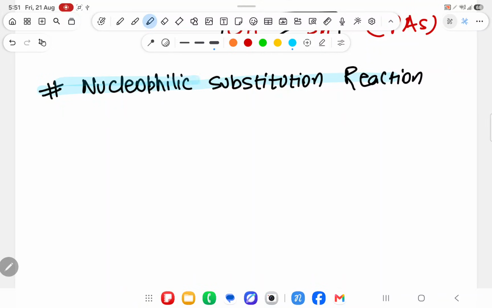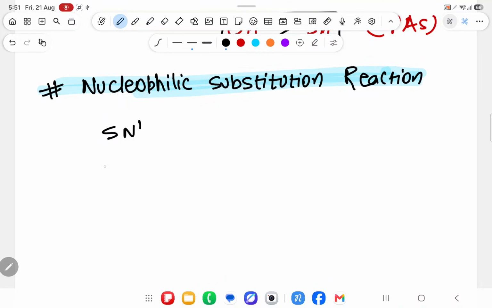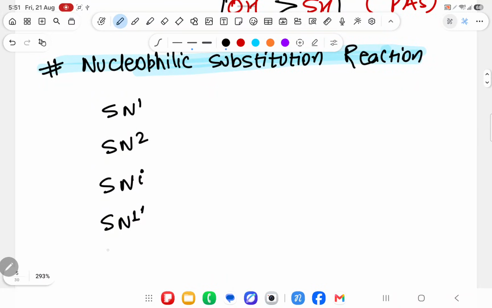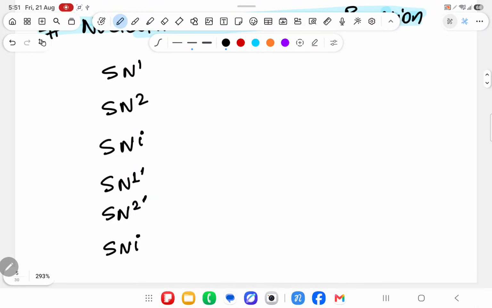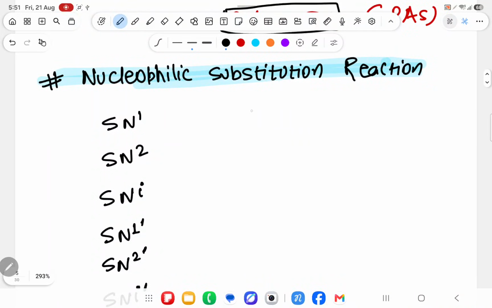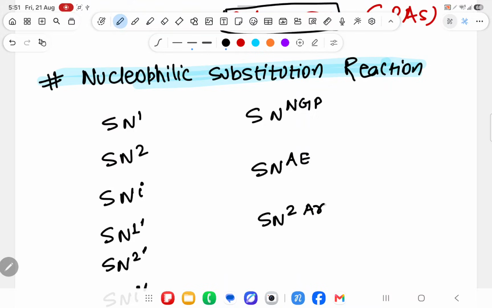Now, in nucleophilic substitution reaction, we have to study lots of things like SN1, SN2, SNi, SN1 prime, SN2 prime, SNi prime, SNNGP, SNAE, SN2 aromatic, SN1 aromatic.